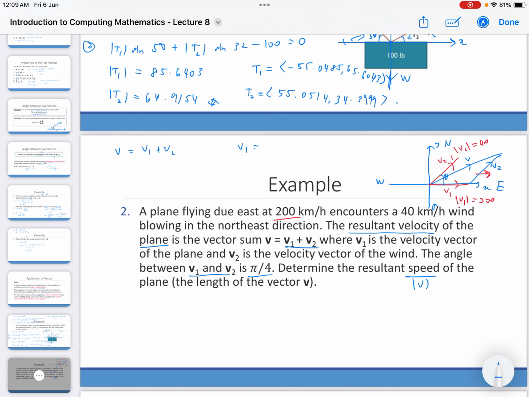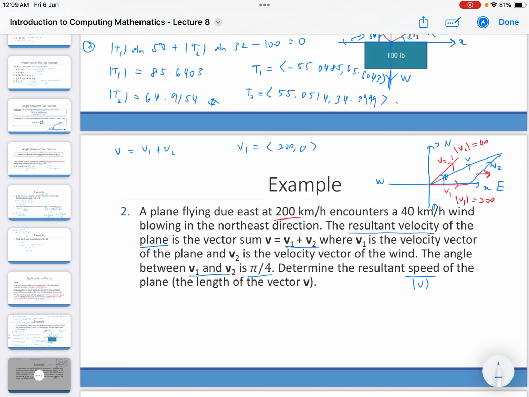Since v1 is in the direction towards east, or towards the positive x-axis, we have only the horizontal value. So the first component will be 200 and the second component, the y value, will be 0. So this is for v1.